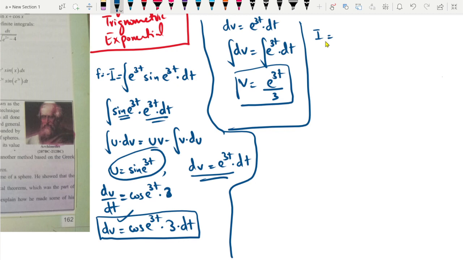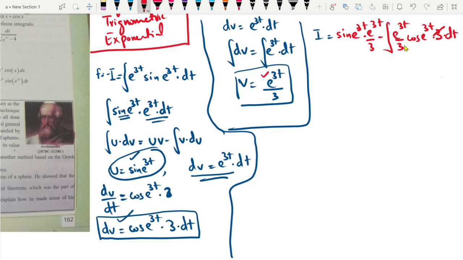u times v. u is equal to sine of e^3t, times v, where v is e^3t divided by 3, minus the integral of v, which is e^3t divided by 3, and du, which is cos of e^3t times 3 dt.